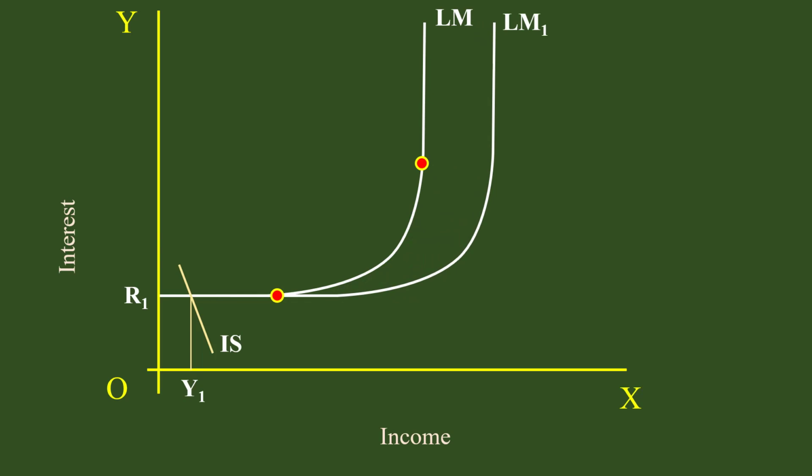The horizontal segment is anchored at interest level R1. The income remains unchanged. The IS curve is relatively inelastic. If the IS curve is relatively elastic, there cannot be any change in income. Monetary policy is totally ineffective in this range.